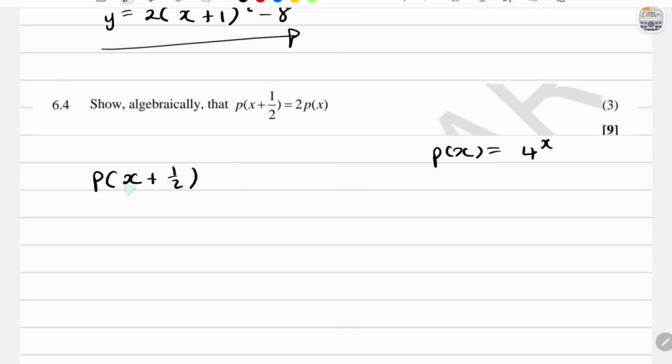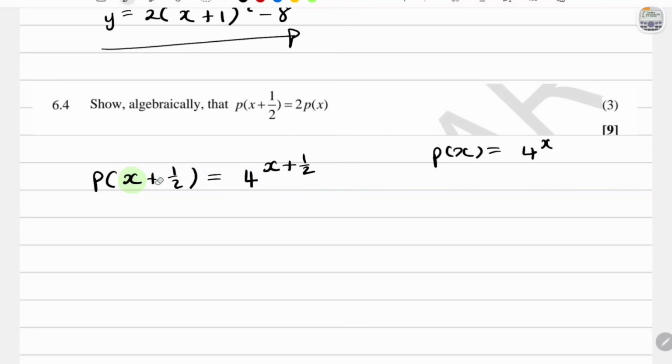Okay, so p of (x plus a half), meaning wherever you see the x value in p, add a half to it. So that's what we're going to do. P of (x plus a half), I'll just say I have 4 here to the power of x. Yeah, I'm writing p of x down, but wherever I see x, I'm going to add a half to that. So I'll say plus a half.